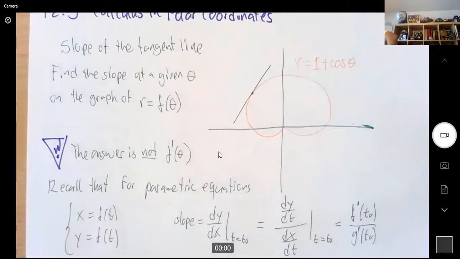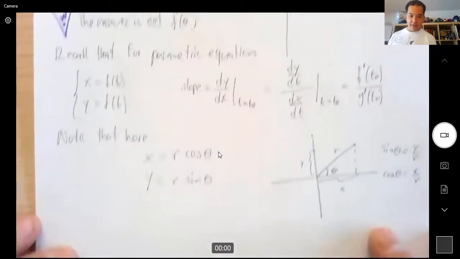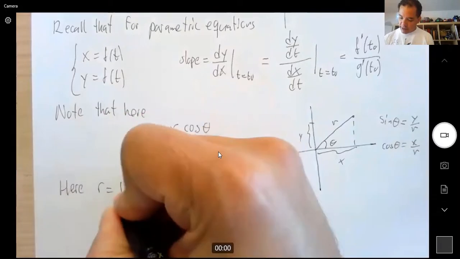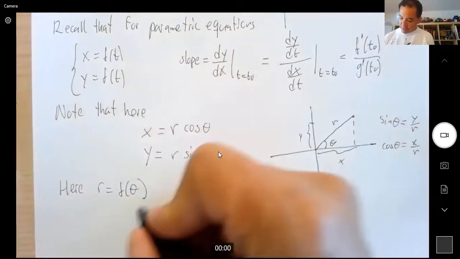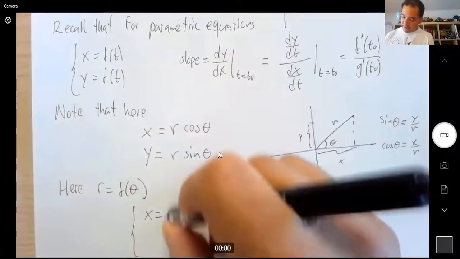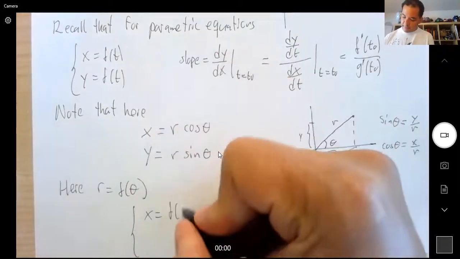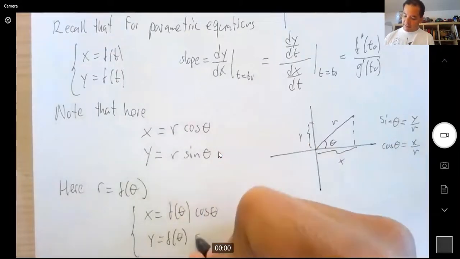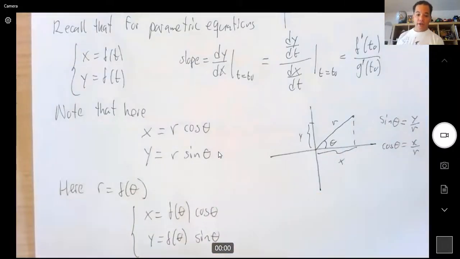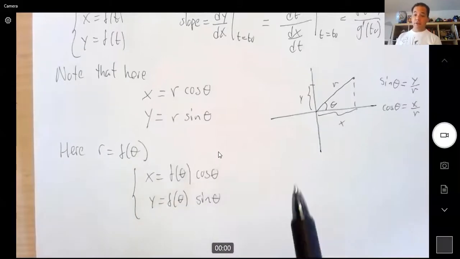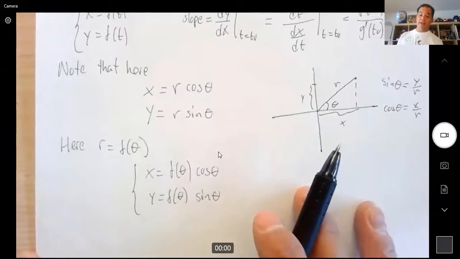And that's fantastic because now what we can do is plug it in, and we get x equals f of theta times cosine theta, and y equals f of theta times sine theta. Look, these are like parametric equations, right? These are parametric equations, but the parameter is not called t, it's called theta.